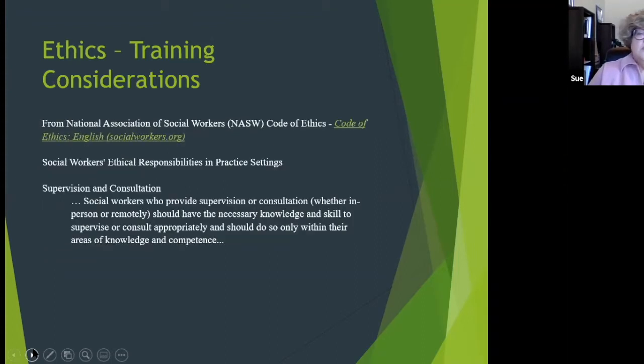So for social workers, this is from the NASW. Social workers who provide supervision and consultation have the necessary knowledge and skills to supervise or consult appropriately, and only within their scope of practice. And I also know social workers do provide training in clinical supervision. And again, there's a lot of books and a lot of guidance out there for clinical supervision within social work.